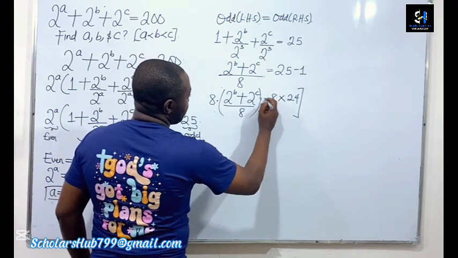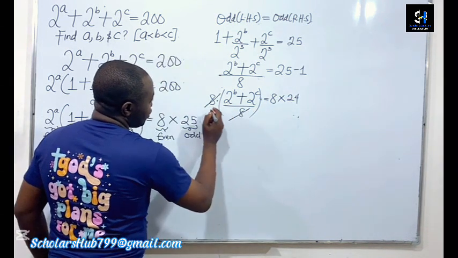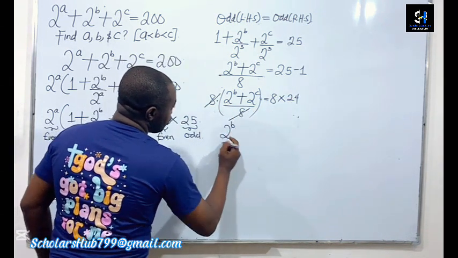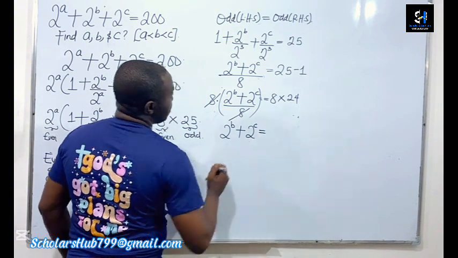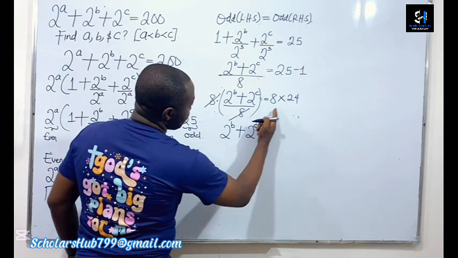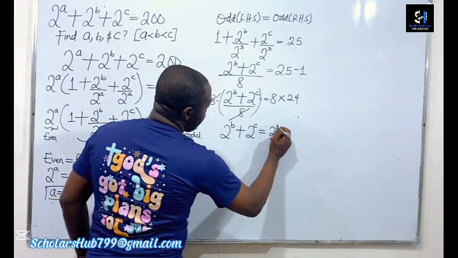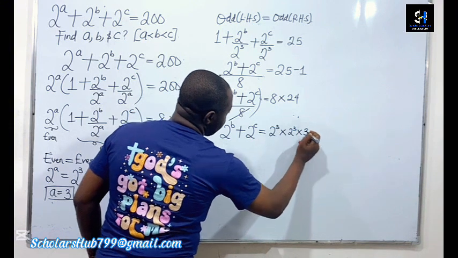So that 8 will cancel 8. Then this will reduce to 2 raised to the power of B plus 2 raised to the power of C equals, now this is going to be 2 raised to the power of 3 multiplied by 2 raised to the power of 3 times 3.